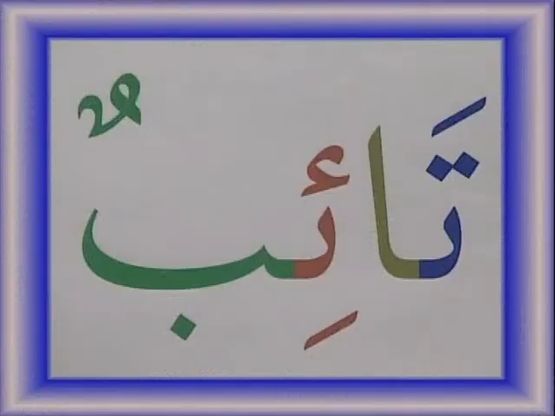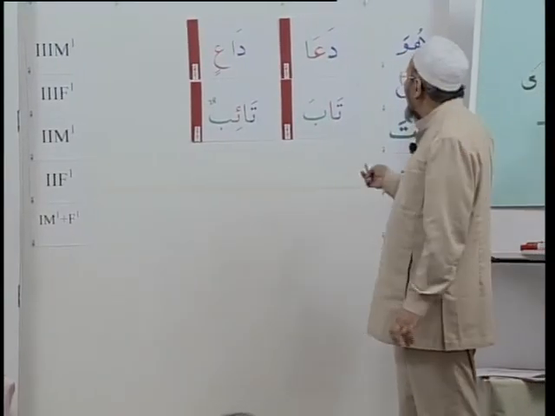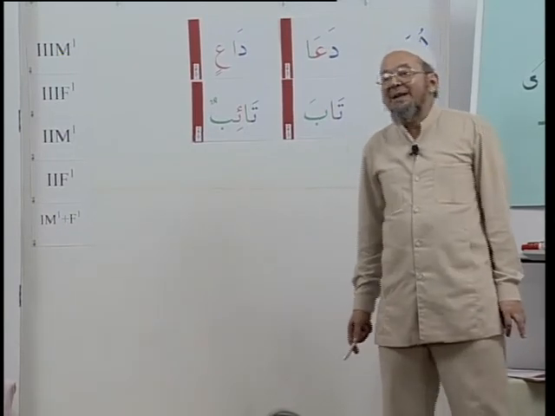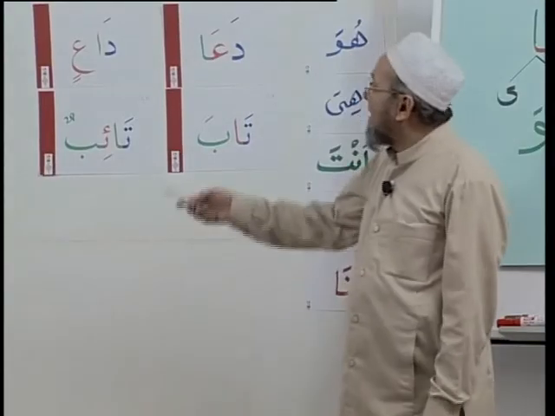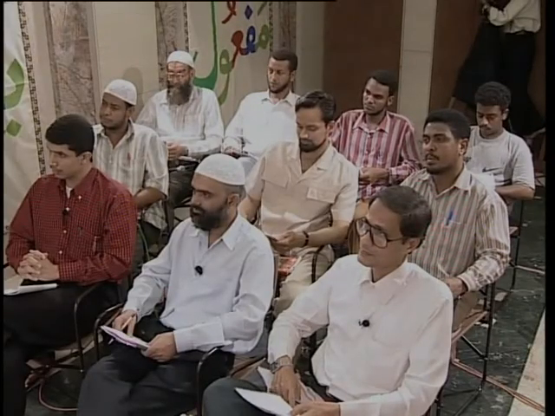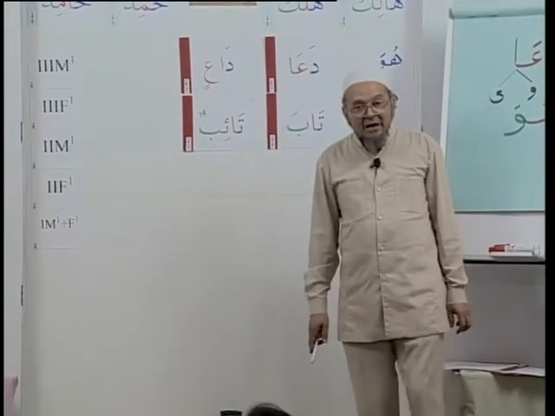Taba, tabat, tubta, tubti, tubtu. And our AP will be taibun. So taba means to repent. Taba literally means he repented. Ta'ib is the one who repents. So taba, he repented. Tabat, she repented. Tubta, you repented, masculine. Tubti, you repented, feminine. And tubtu, I repented.